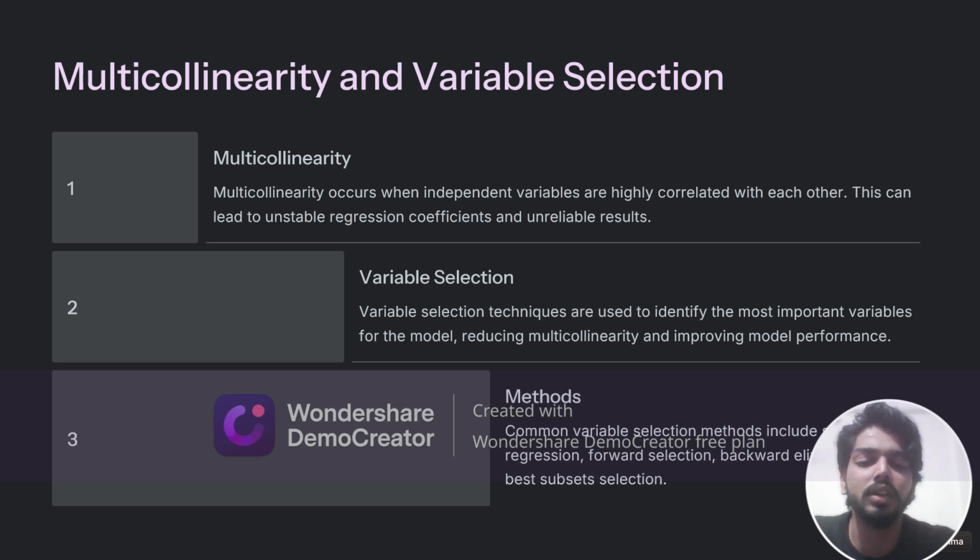Variable selection. Variable selection techniques are used to identify the most important variables for the model, reducing collinearity and improving model performance. Common variable selection methods include stepwise regression, forward selection, backward elimination, and best subset selection.